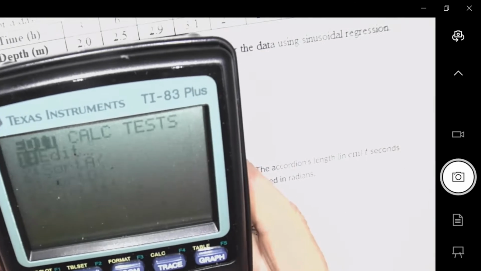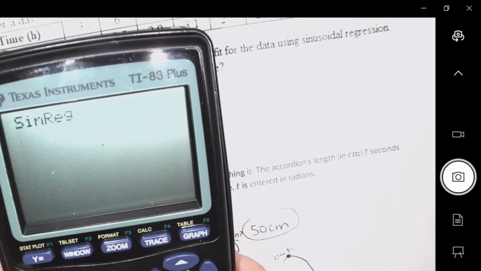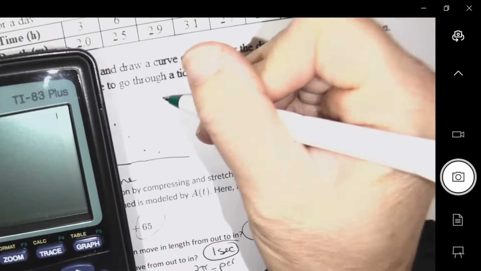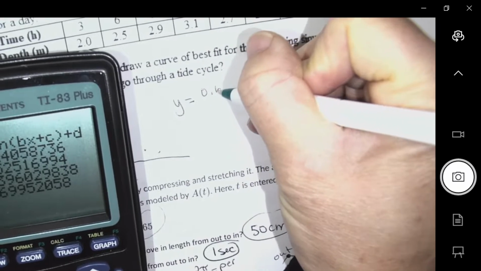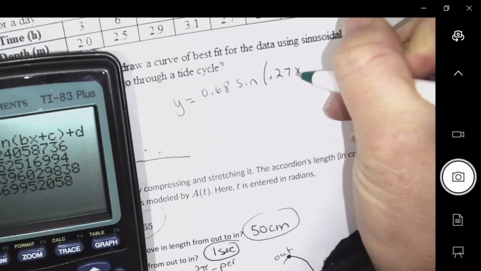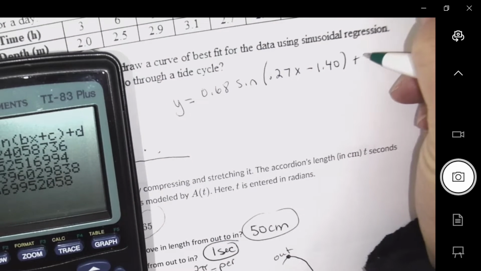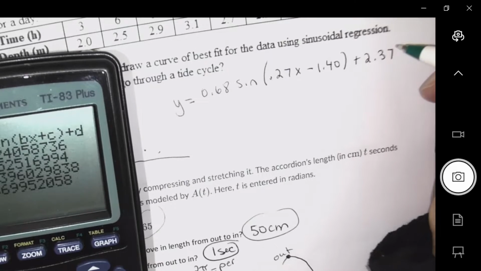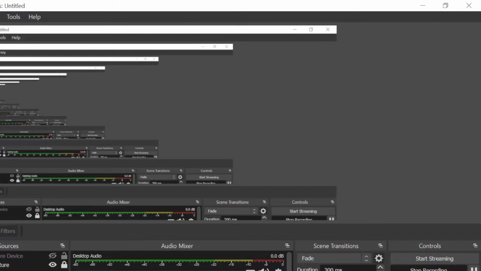Okay, again, stat calculate. What is the sine regression curve? Round that to 2 decimals.